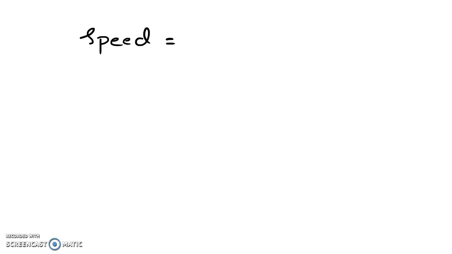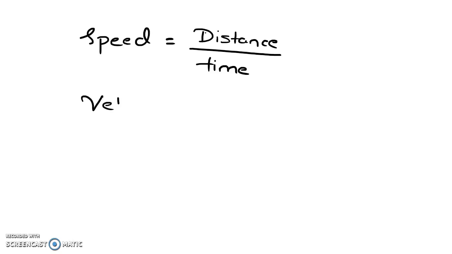So distance over time is the speed. You have to just divide by the time interval. Yes, we are talking over an interval. It is always a time interval. Velocity is displacement over time.